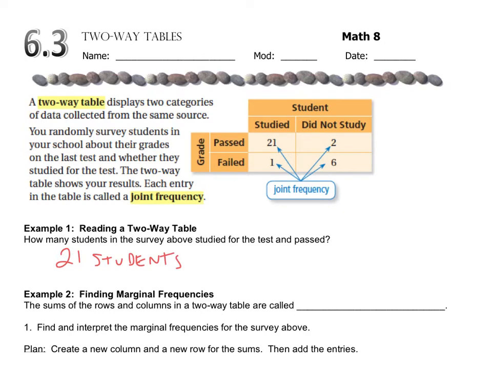Secondly, marginal frequencies. A marginal frequency is a little bit different than the joint frequencies. The marginal frequencies actually add another row and column to our table. The sum of the rows and columns is called your marginal frequency.